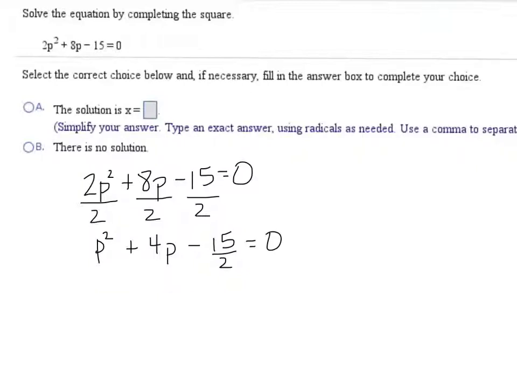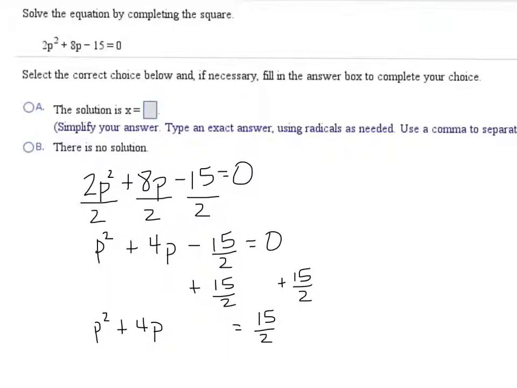So from this point we want the 15 over 2 on the other side of the equation. When we complete the square, we just want our terms with a variable in it on one side and the constant on the other. So now we have p squared plus 4p equals 15 halves.